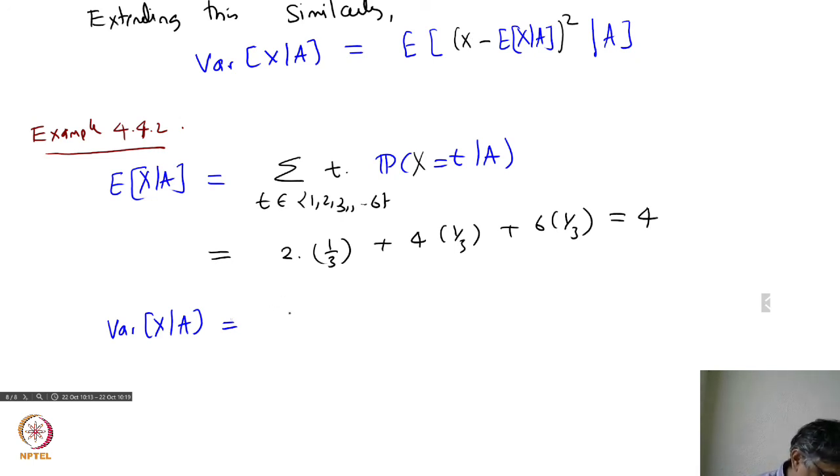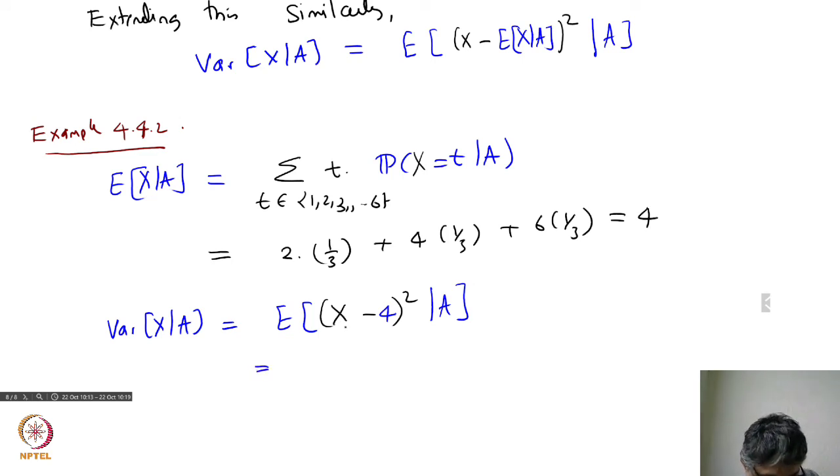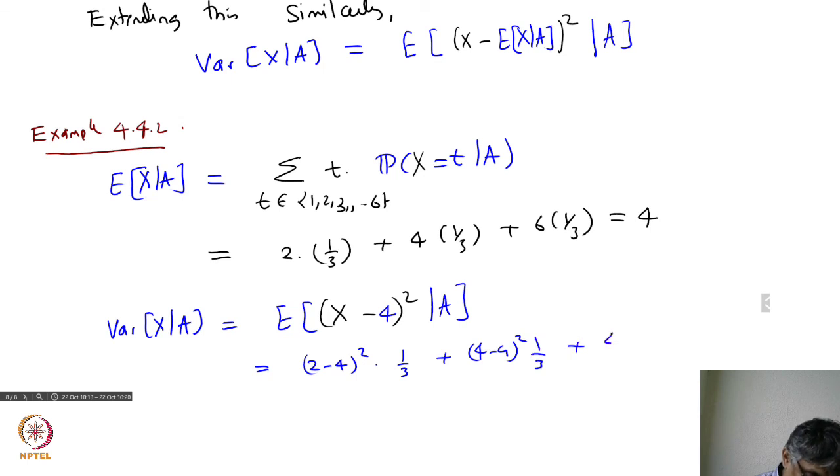Again, look at this formula: it's E of x minus E of x given A, which we found out to be 4, the whole squared, given the event A. Under A, x only takes even values, the odd values are all 0, so you get 2 minus 4, the whole squared, times 1/3, plus 4 minus 4, the whole squared, times 1/3, plus 6 minus 4, the whole squared, times 1/3. And that will give you 8 by 3.